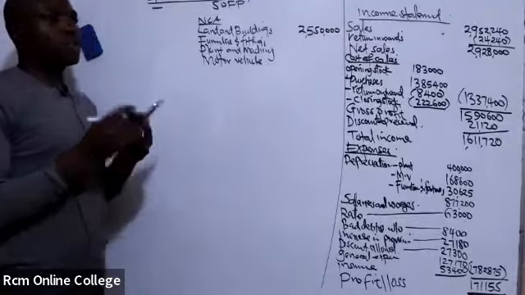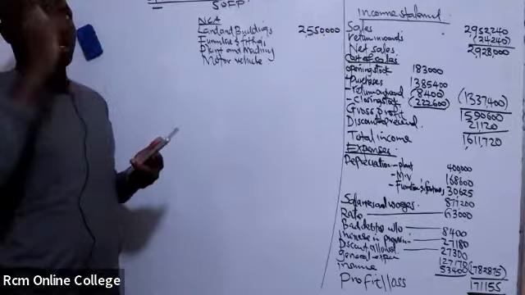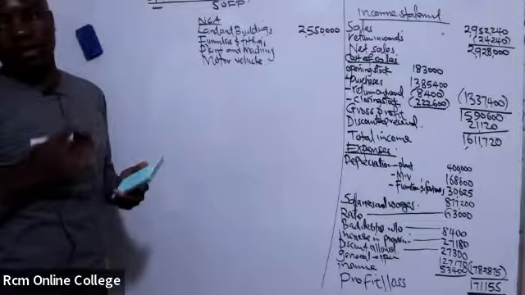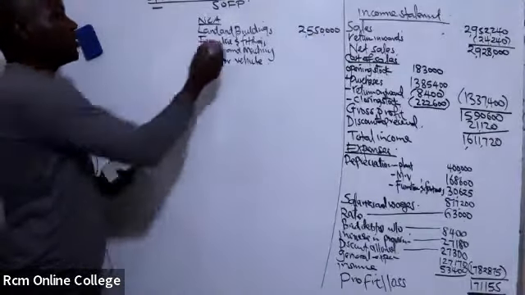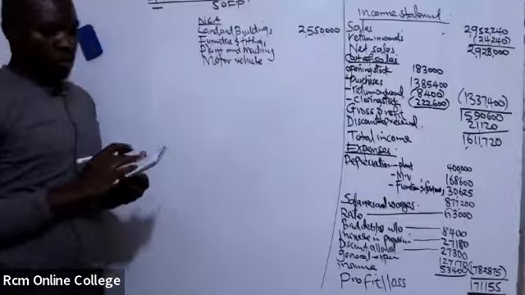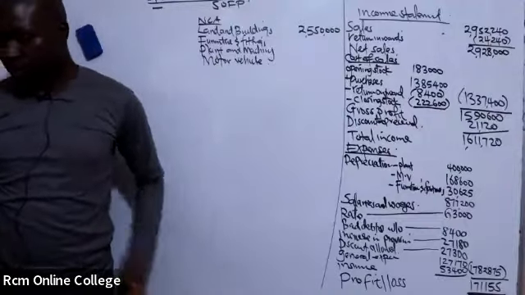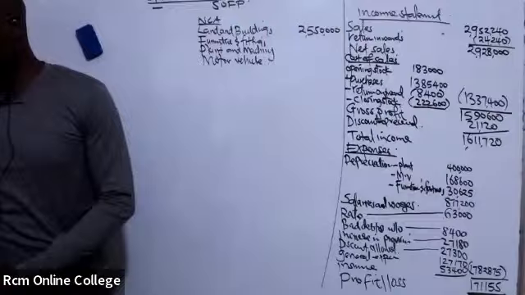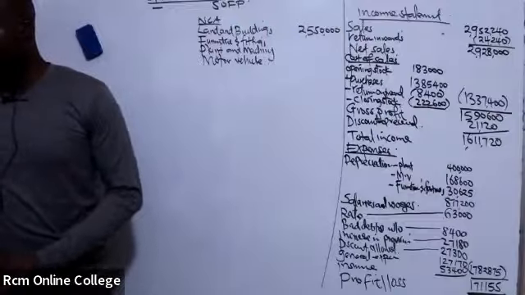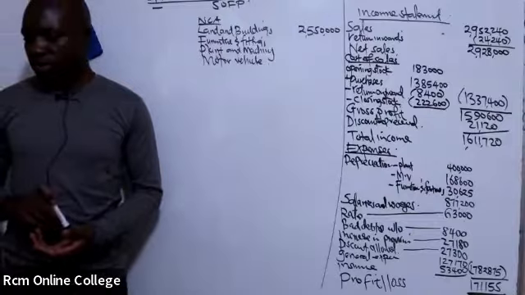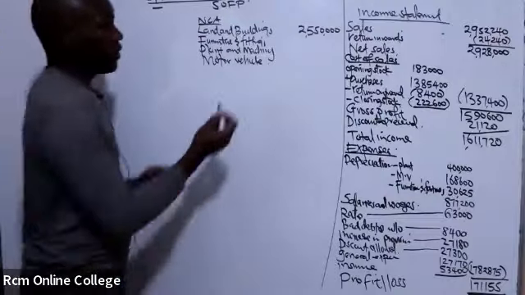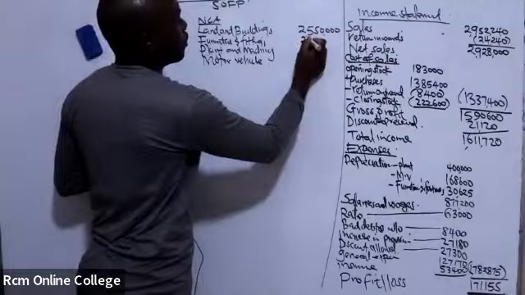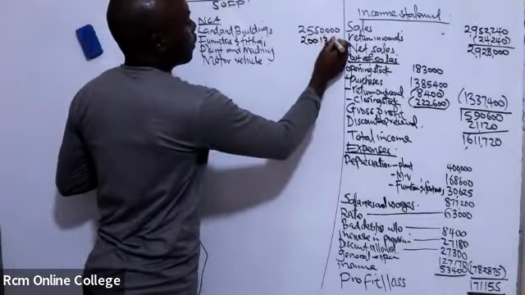Our furniture and fittings, you can now go to the net book values. Remember the net book values 1, 2, 3. Yes, that's what I want from you now. Furniture and fittings: I want the figures from you. 200,135.